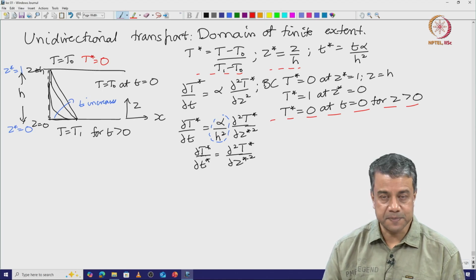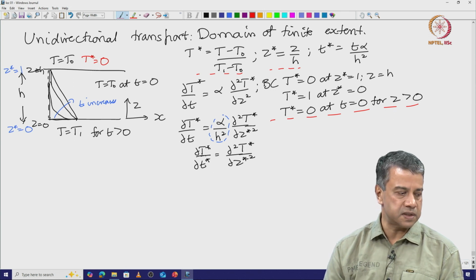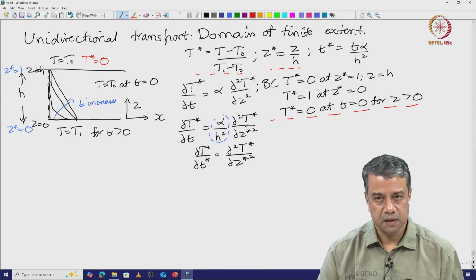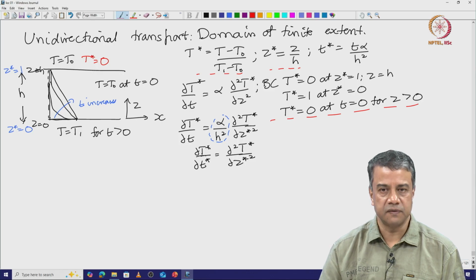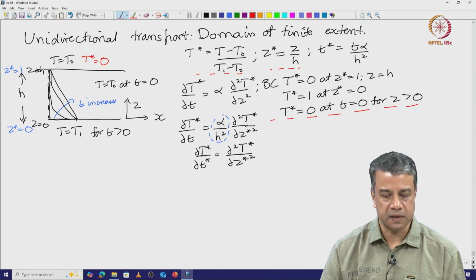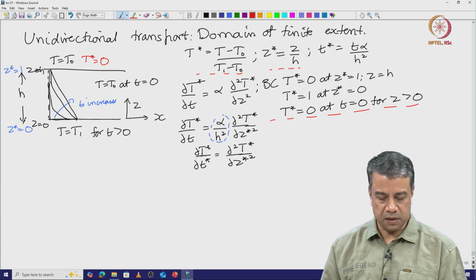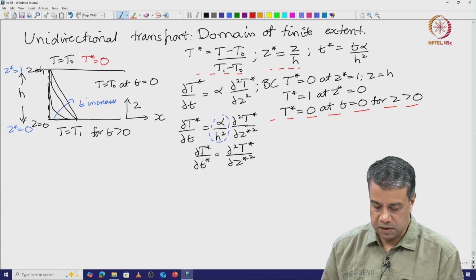So, expressed in terms of z star, t star and capital T star, the scaled temperature, the solutions are universal. When expressed in terms of the original variables, of course, they will depend upon parameters, but when expressed in terms of the scaled variables, the temperature profiles that you get are universal.